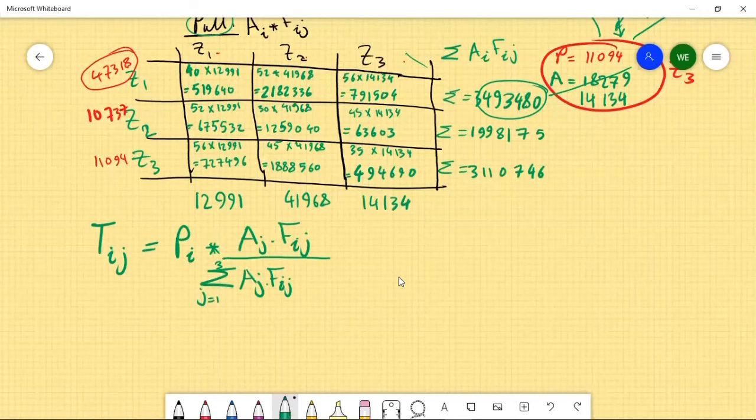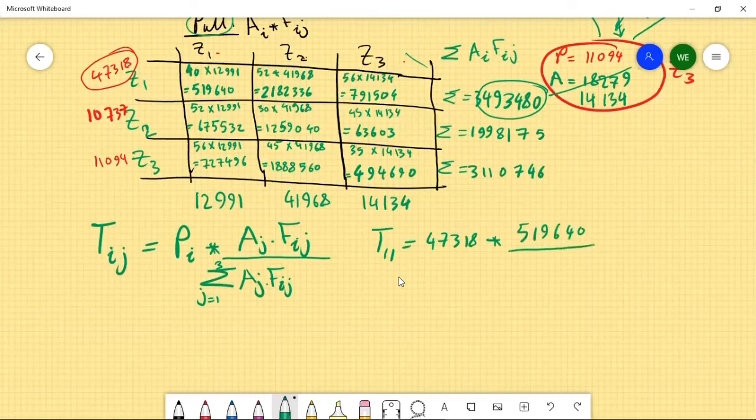Okay, so here trips from 1 to 1 equal 47318 multiply how much? 519640 divided by this value 3493480.